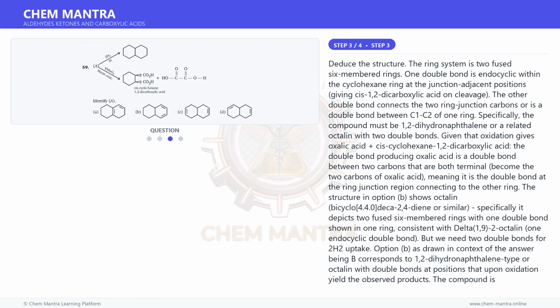The compound is an octa-1(9),2-diene fused system, the bicyclic compound with double bonds at C1, C2 and C9, C10, the bridgehead and adjacent. This matches option B, 2 fused rings where one ring has a conjugated or isolated double bond visible, consistent with delta-1,2, delta-3,4 or similar octalin.